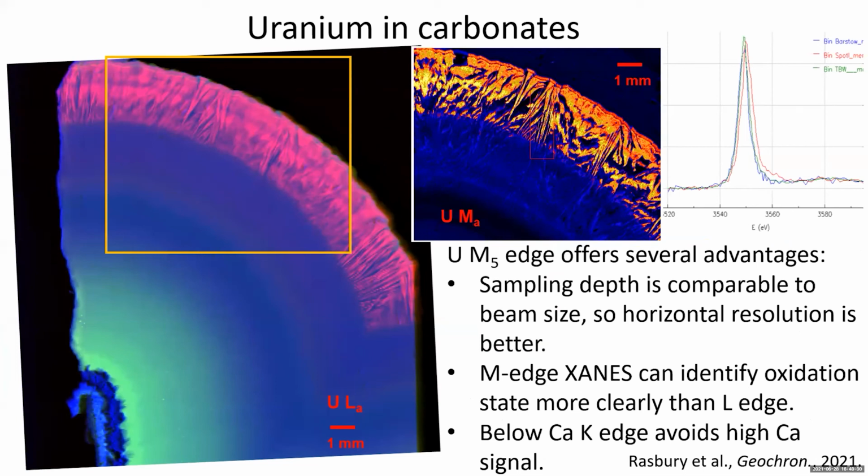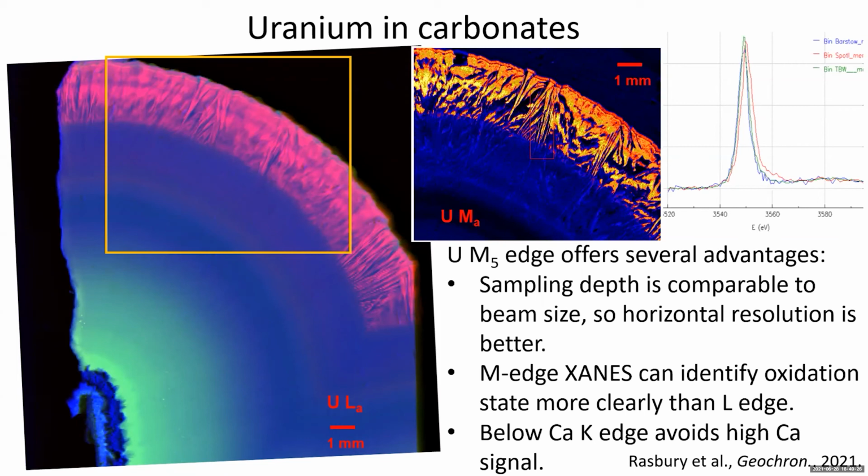It has distinct advantages when compared to the more typically used L3 absorption edge at a much higher energy. One of which is the sampling depth is comparable to the beam size for a microprobe. So the horizontal and spatial resolution is not degraded by thick samples.